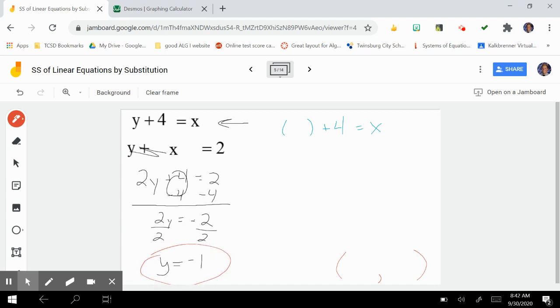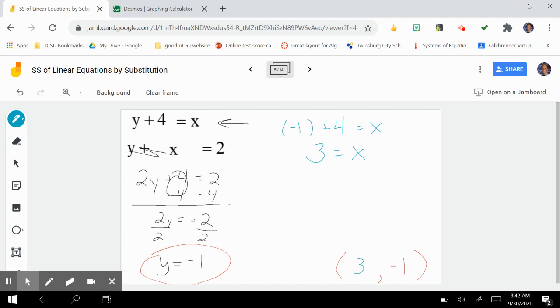That first equation was solved for x. So I'm just going to put -1 for my y value, and now I need to find my x. How do you find your x? Plug in what you did. -1, where I have a y in that first equation. What is -1 plus 4? 3. x equals 3. So there's my ordered pair.